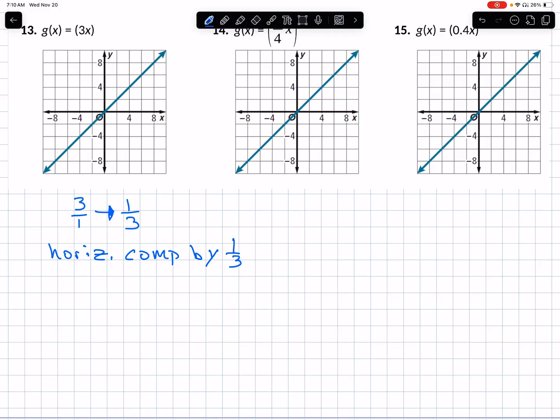So when I'm looking at the graph, it's a horizontal compression, so it's going to do the same thing. It's going to go up 1 unit, right 3 units. And then I can go from the middle, down 1 unit, left 3 units.